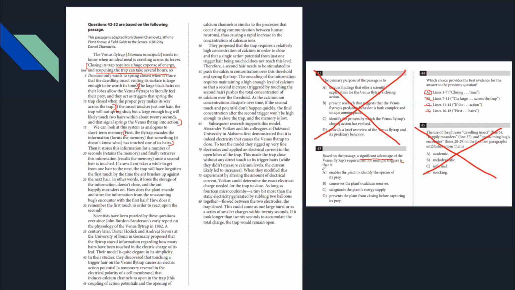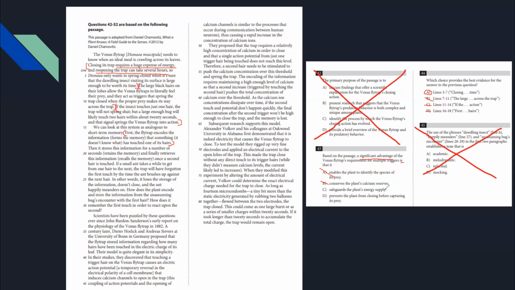So is that it enables the plant to identify the species of its prey? No, that's not true. It doesn't give anything about that within the quote. Conserves the plant's calcium reserves. That's a bit too narrow. It doesn't say anything about calcium, so I would not choose that.